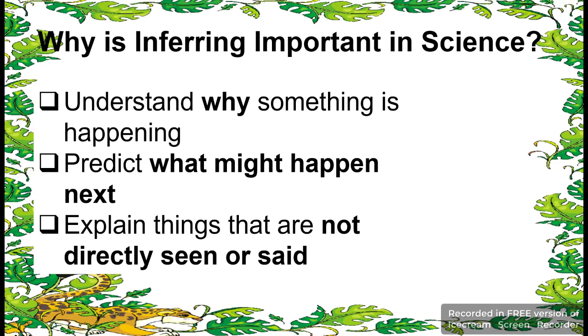Why is inferring important in science? First, understand why something is happening. Second, predict what might happen next. And last, explain things that are not directly seen or said.